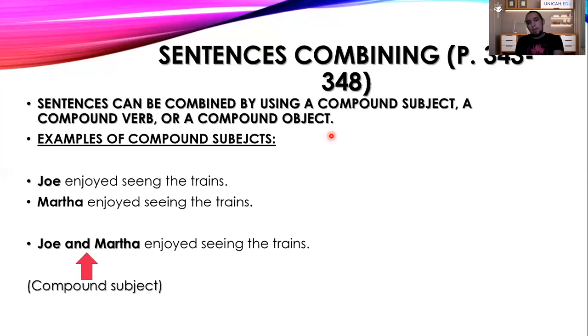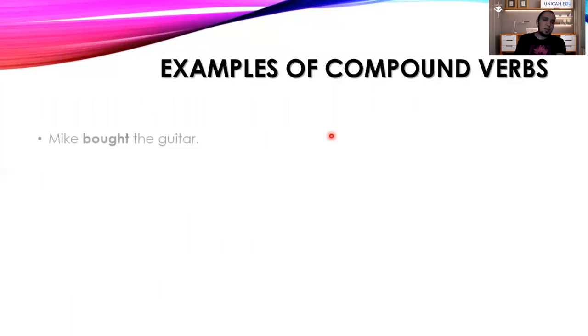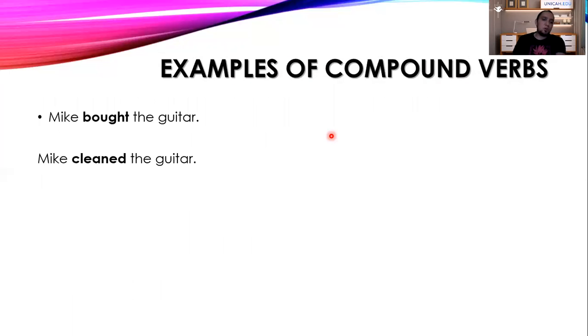Now we have the compound verbs. It's the same. Listen, in this sentence, I have that Mike bought the guitar and Mike cleaned the guitar. So I have to combine the verbs in one sentence. I can say Mike bought and cleaned the guitar. So the verbs here are joined by this conjunction, which is and.